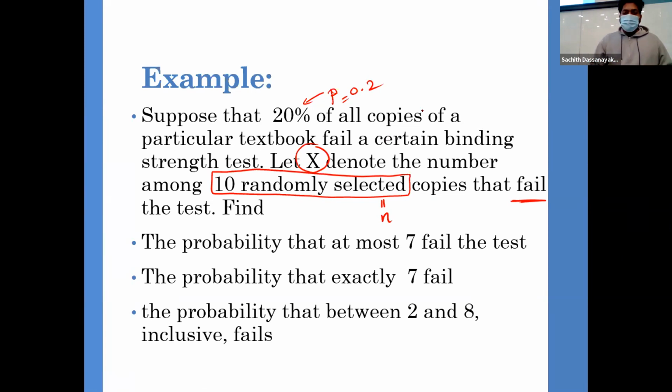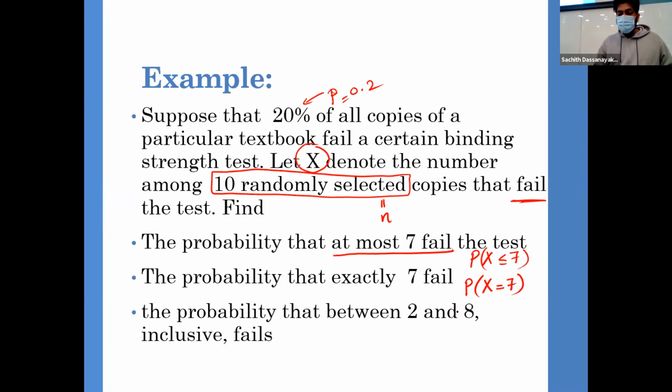We need to find the probability that at most 7 fail, which means the probability of capital X is at most, which means maximum, 7. This is what we need to find in the first bullet point. Next, the probability that exactly 7 fail, which means the probability of capital X equals 7.